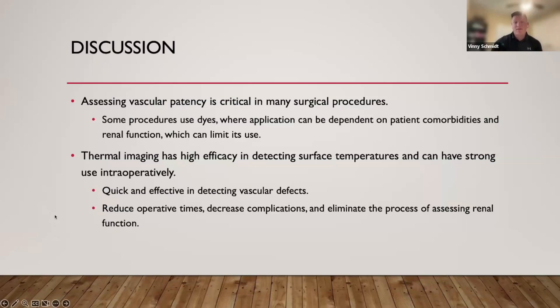But it is quick and effective in detecting vascular defects, again, without having to use dye or injecting. It is super quick. For this, I can basically just use regular blood flow in someone, and this can help reduce operative times, decrease complications, and eliminate the process of having to assess renal function, which I think is really important.